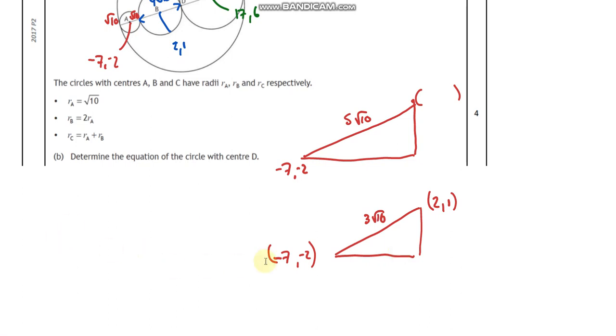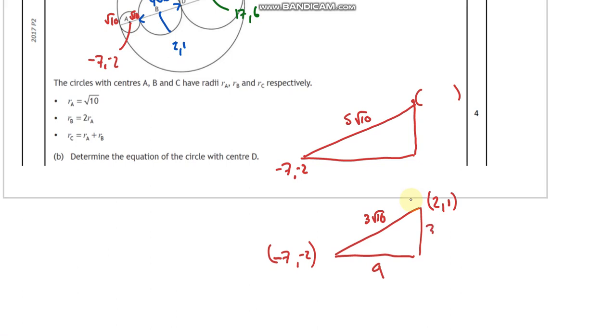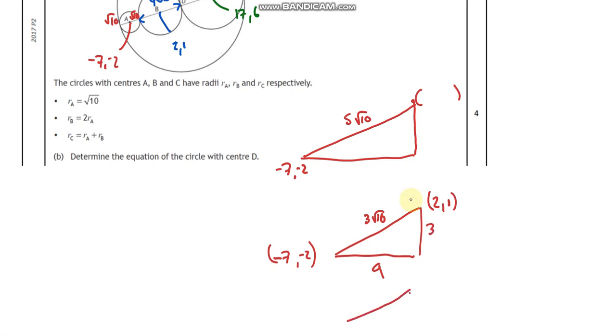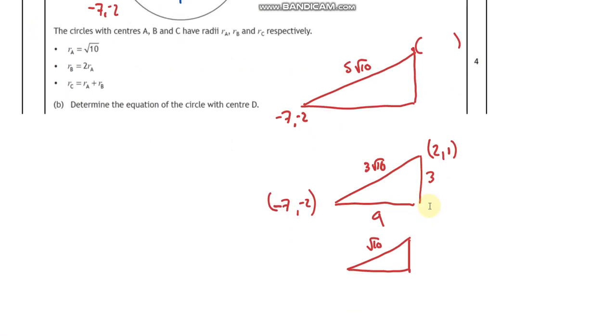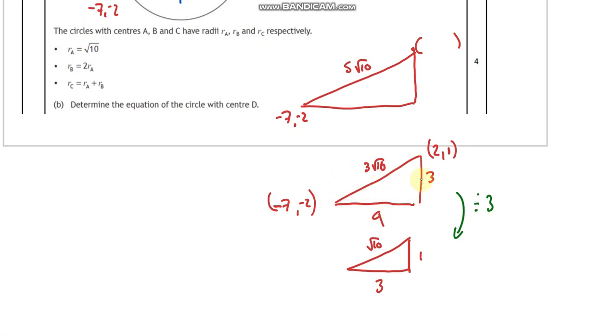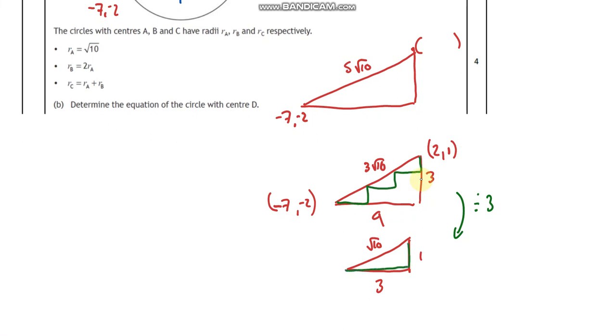The difference in the x's is 9, and the difference in the verticals is 3. If I wanted to move a single √10, that would be a third, so 3 here and 1 here. All I'm doing is dividing by 3, because 3 √10s gets me along 9 and 3, but I can break that up into 3 steps, which is what this little triangle is.